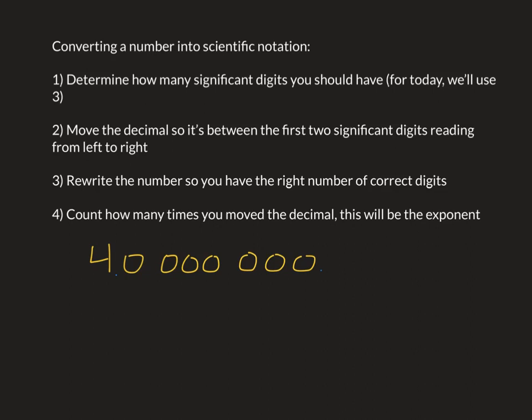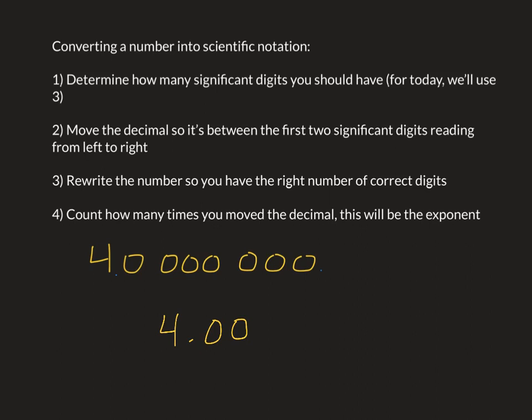So now, if you read the next step, it says we want to rewrite the number so that we have the right number of correct digits. Remember, we wanted 3 digits, so I'm going to rewrite this now as 4.00. Notice I'm now writing it where that decimal has been moved to, and I now have the correct number of digits, okay?